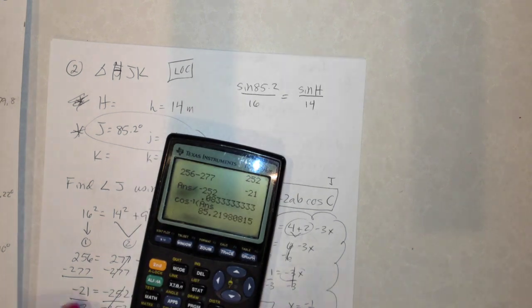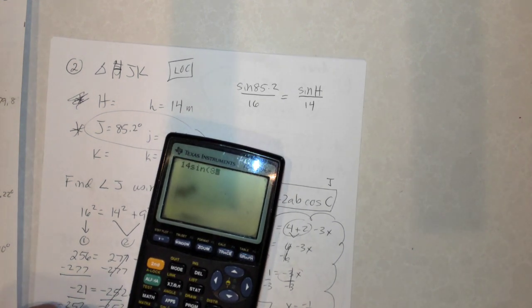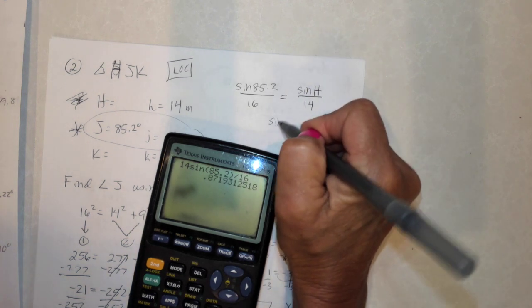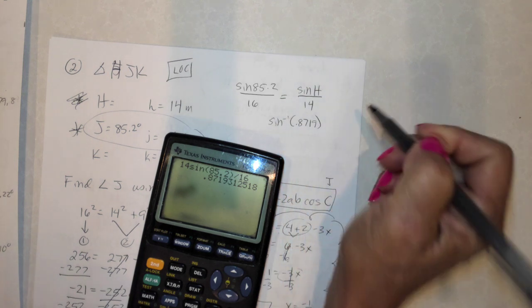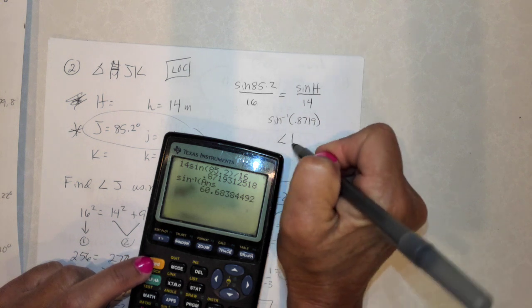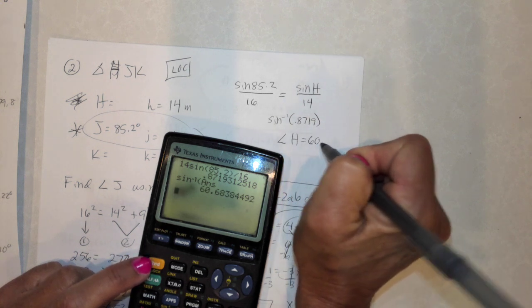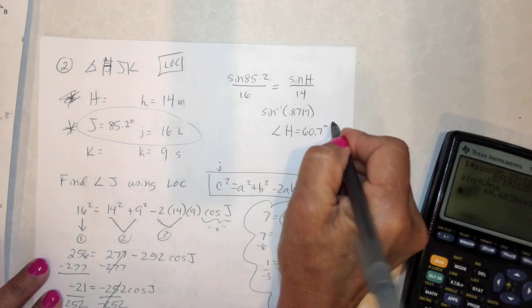And now I'm just using law of sines. 14 times the sine of 85.2 divided by 16. And then I'll have to do inverse sine of what I got in order to get my actual angle. So inverse sine of that answer tells me that angle H is 60.7, rounding off, degrees.